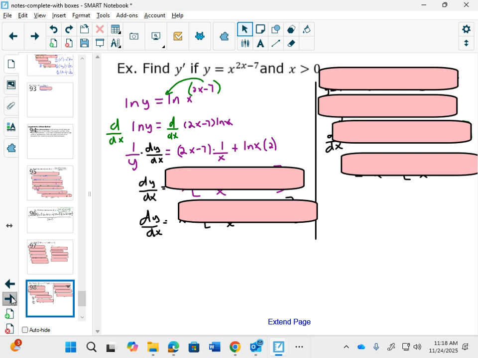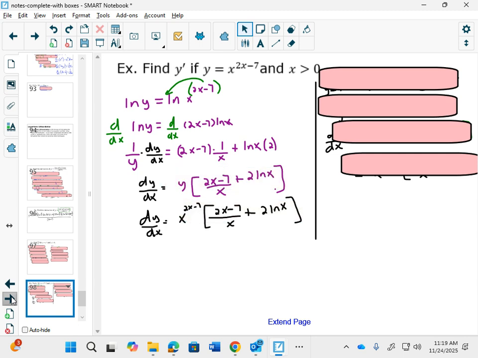On the right-hand side will be a product rule. So keep the first the same, multiply by the derivative of the second. Keep the second the same, multiply by the derivative of the first. Multiply both sides by y to get dy dx by itself, and then in the end you can substitute back in, so your answer is in terms of x only.